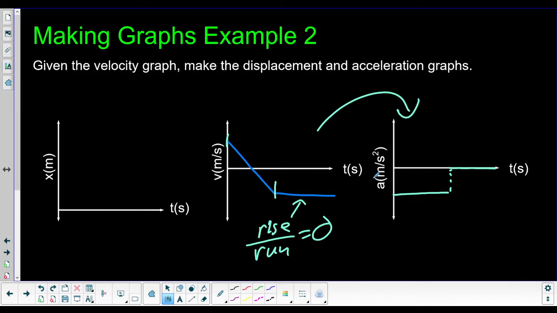All right, now let's do the hard part. We have to go back a step. We have to find our displacement versus time graph. And there's maybe two ways you can think about doing this. You can either think about the area between a velocity time graph and the time axis is our change in displacement.